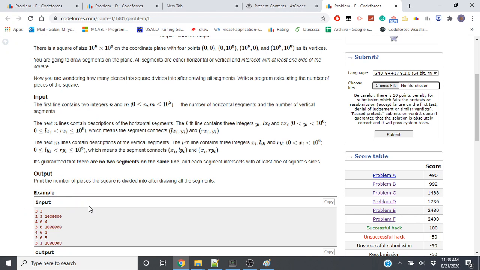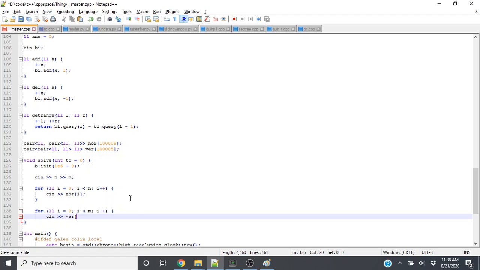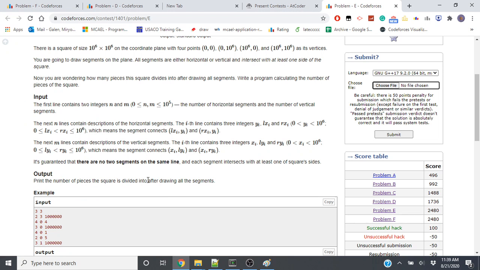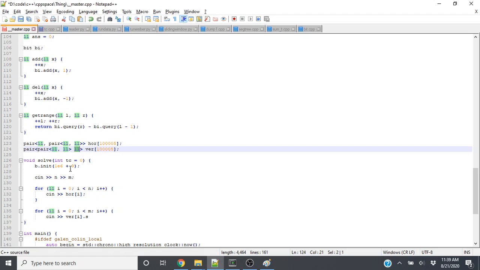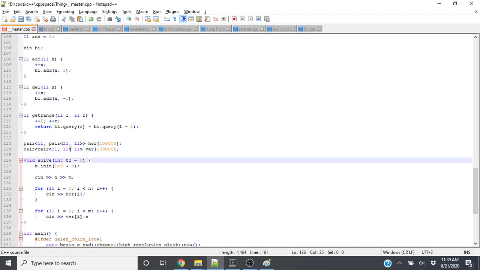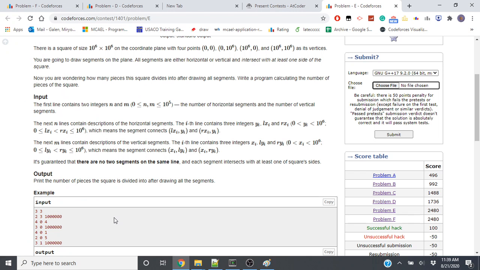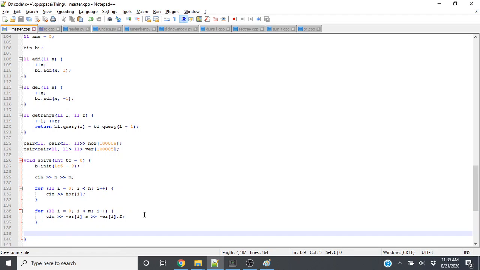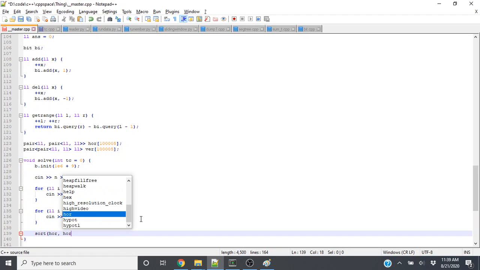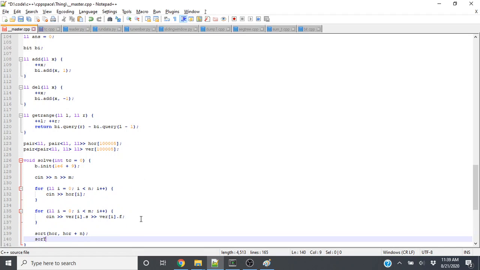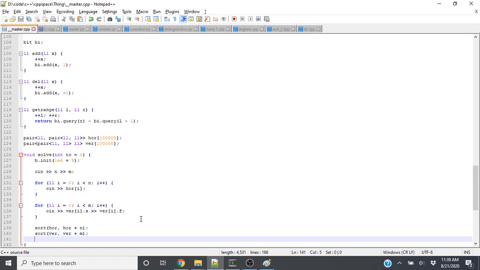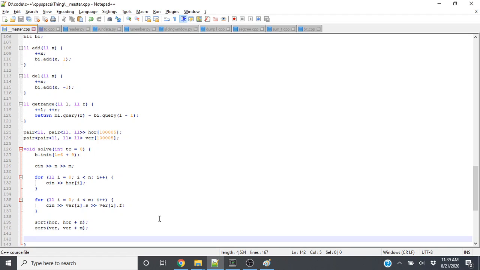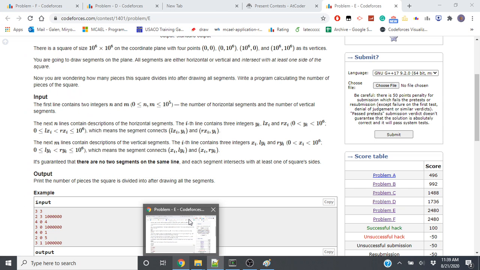Doesn't work for this, however, so we need to read into the second one first because we want the x coordinate to be second so that we can sort by the y coordinate, and specifically the lower y coordinate, which is fine. Then sort horizontal, sort for m. So now we're going to do kind of two pointers approach, I guess.